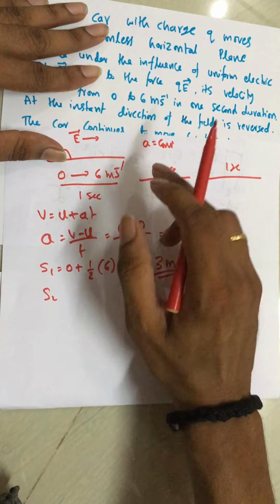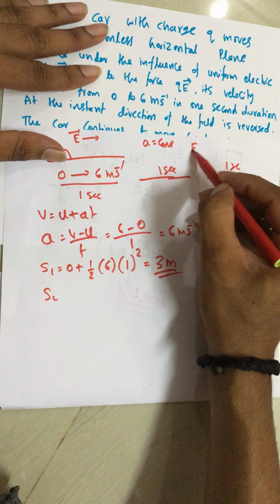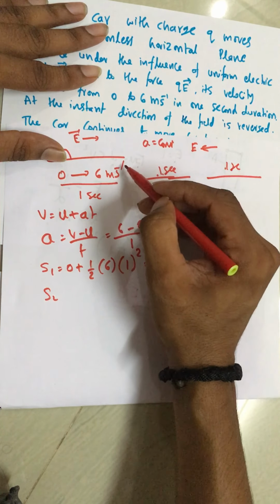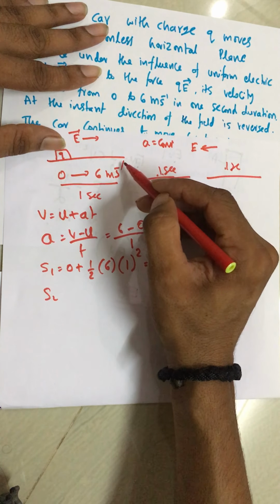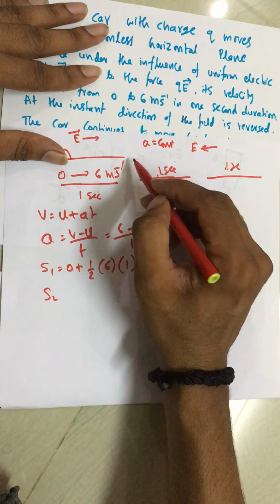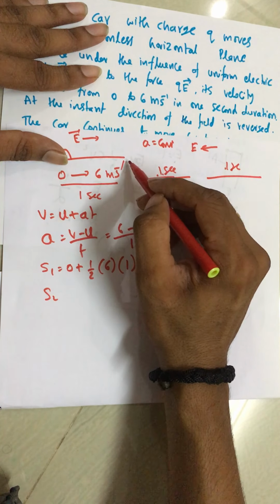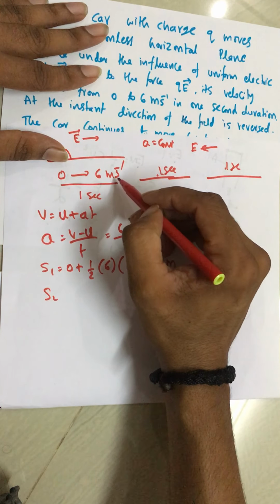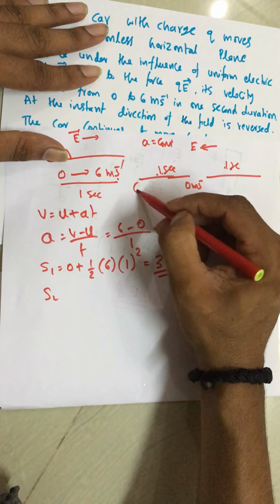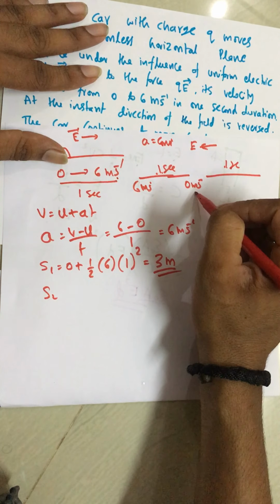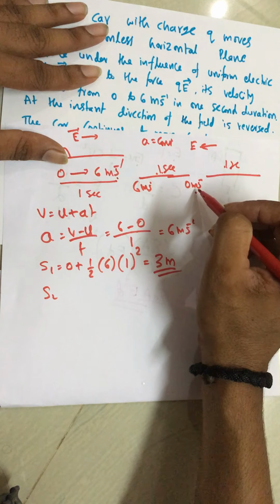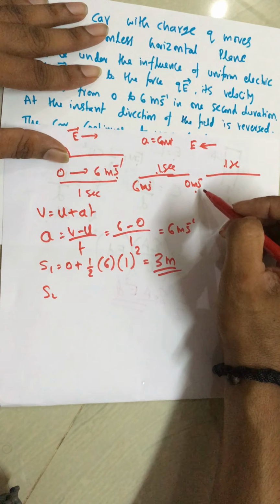Since the direction of the electric field is reversed for the next 2 seconds, it was having 6 meter per second at the end of the first second. Since the direction is reversed, the velocity will decrease from 6 meter per second to 0 meter per second. After that, since the force is still in the reversed direction, it will move in the negative direction.